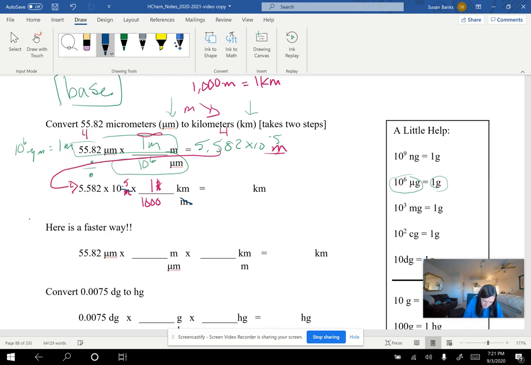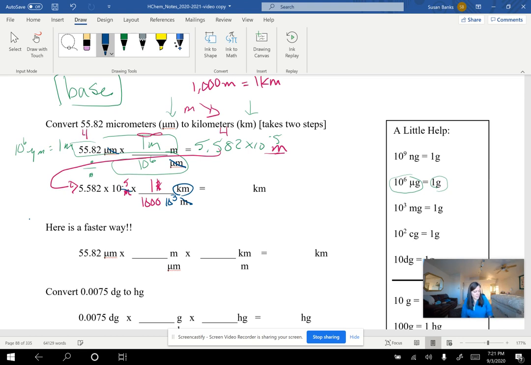Notice my unit of meters canceled, just like my units of micrometers up here canceled. And I'm left with kilometers. So we're going to take 5.582 times 10 to the negative 5, and we're going to divide it by 1,000, which you could also write as 10 to the third. So negative 5 minus 3, right, would give us negative 8.